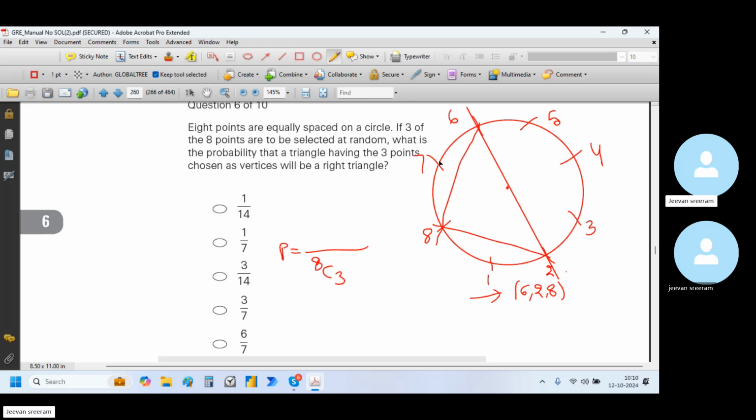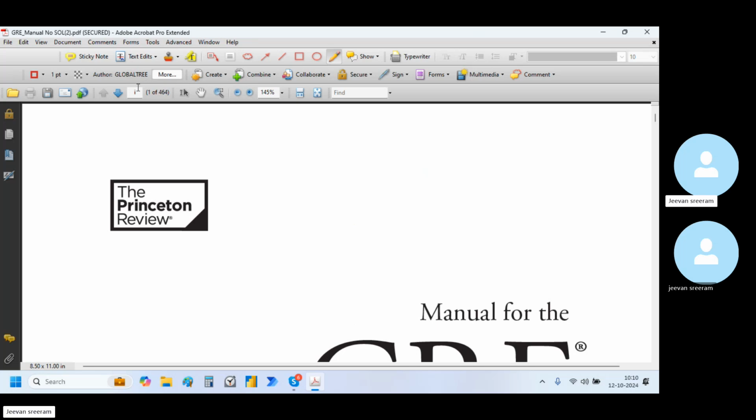Similarly, let's go with this diameter 2 and 6. By drawing 2 and 6, you get a diameter. Making use of one diameter, how many right triangles can you form? 6, 7, 2. I would have written 6, 8, 2.